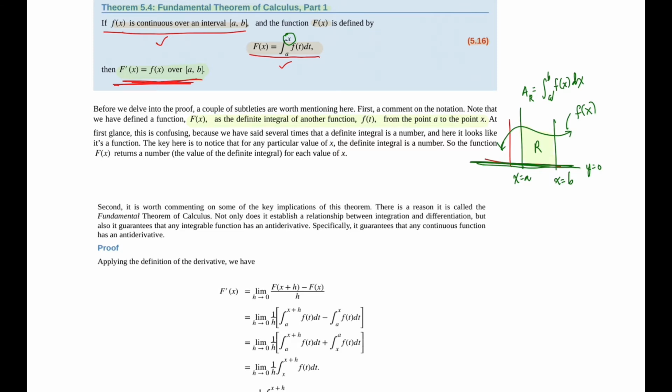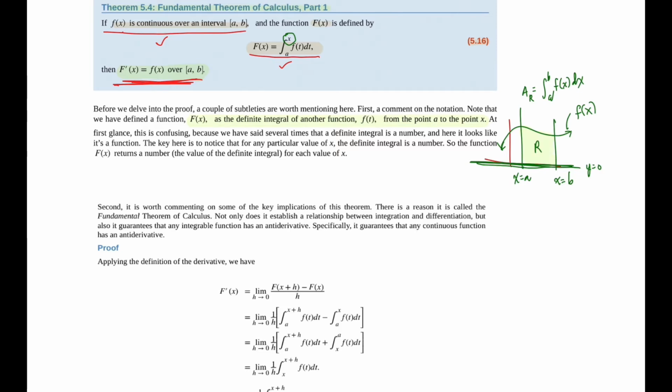So the key here is to notice that for any particular value of x, the definite integral is a number. Meaning if you substitute a specific value of x, you will get a number as a value for your definite integral. So the function big F of x returns a number, which is the value of the definite integral for each value of x.